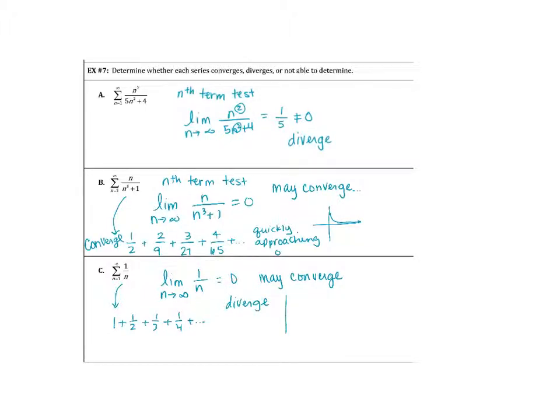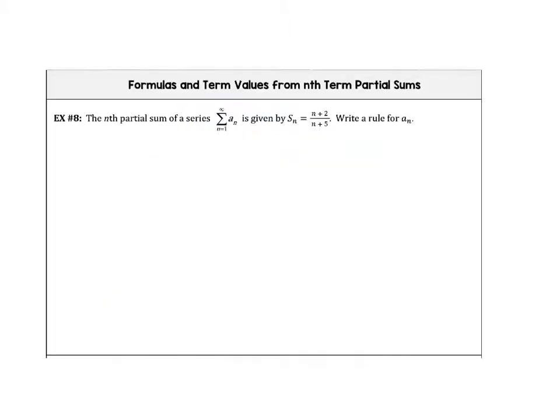If we looked at the graph, this will eventually run parallel, but it's not going to be heading towards 0 as fast as B is. So we're going to say B does converge. It's heading towards 0. But this one is not going to converge. This is a divergent series, and it's an important one for us to remember.